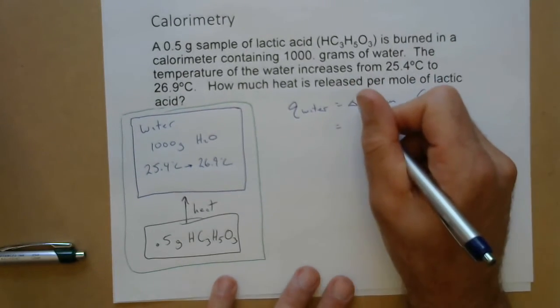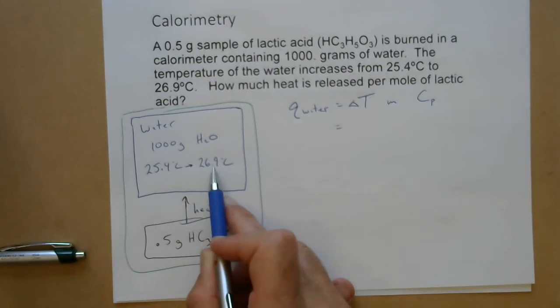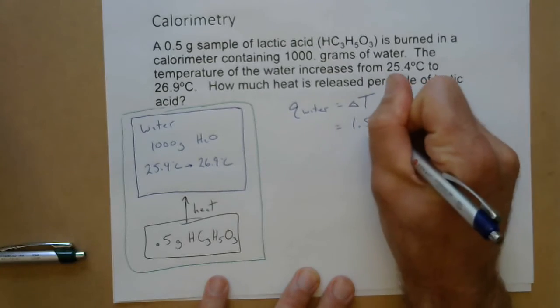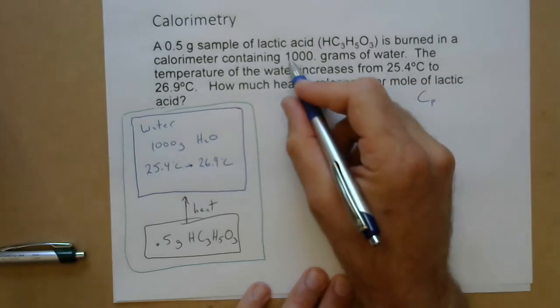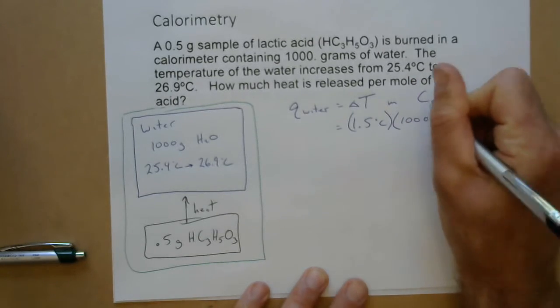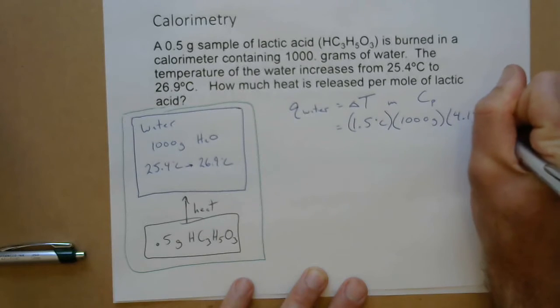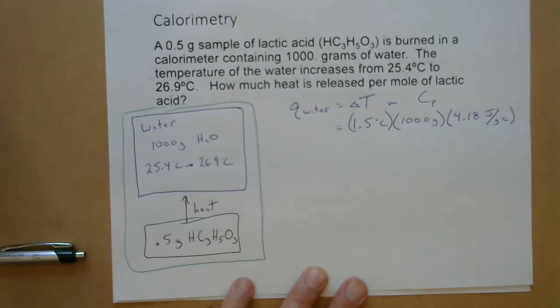Okay, so the temperature change of my water, 25.4 up to 26.9, so it's 1.5 degrees Celsius temperature change. The mass of the water, it's 1,000 grams. And the specific heat of water, 4.18 joules per gram degrees Celsius.